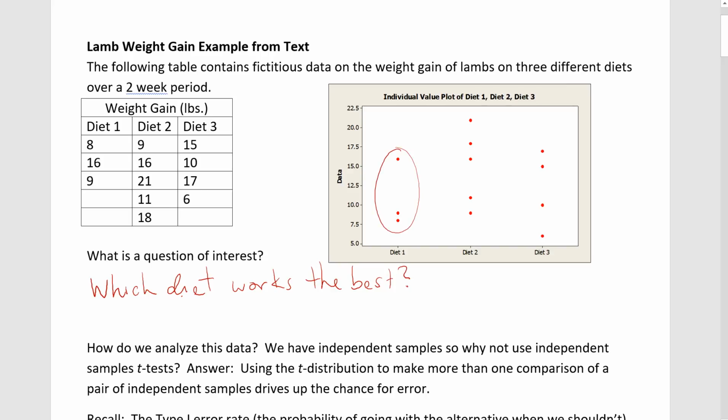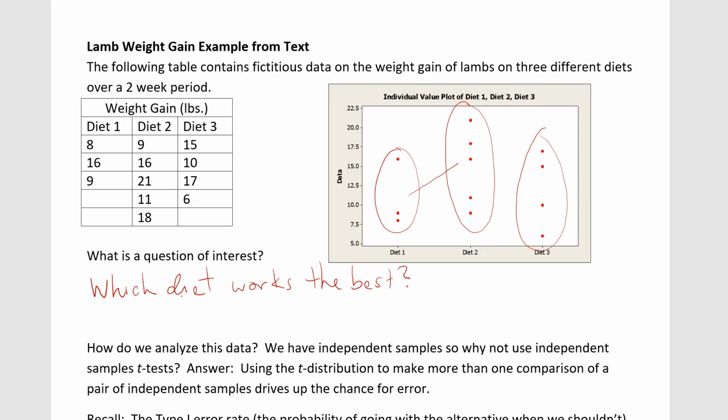So there's that variability in diet 1, that variability in diet 2, and that variability in diet 3. And then there's the between group variability. So the within group variability is the natural variability in weight gain that lambs exhibit no matter what diet they're given. The between group variability is the one that we're looking for, right, in our research hypothesis.